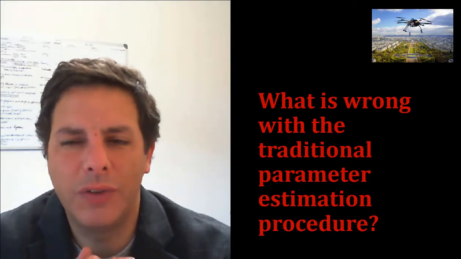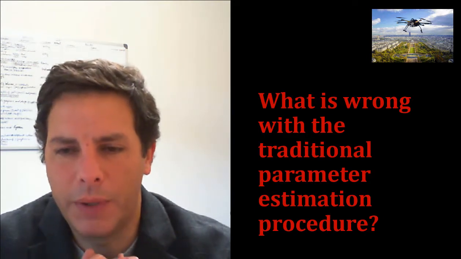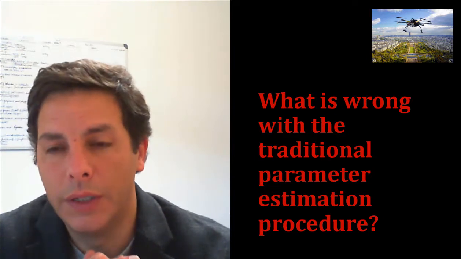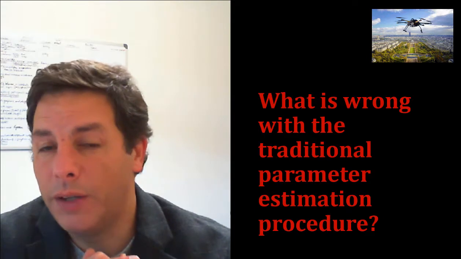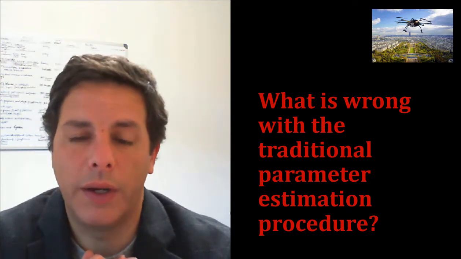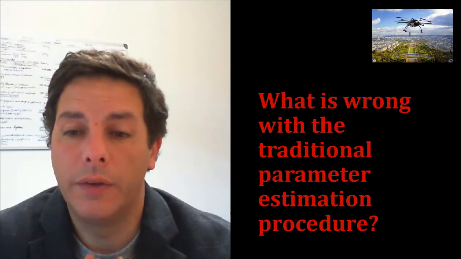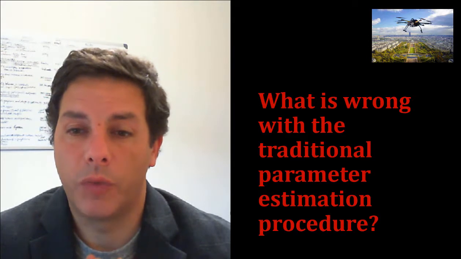Statisticians obviously know this. It's not that they don't know this. But doing something different was impossible in the past because there was no computational power. The Bayesian method that I'm going to explain now requires a lot of computational power when the model becomes a little bit complex.